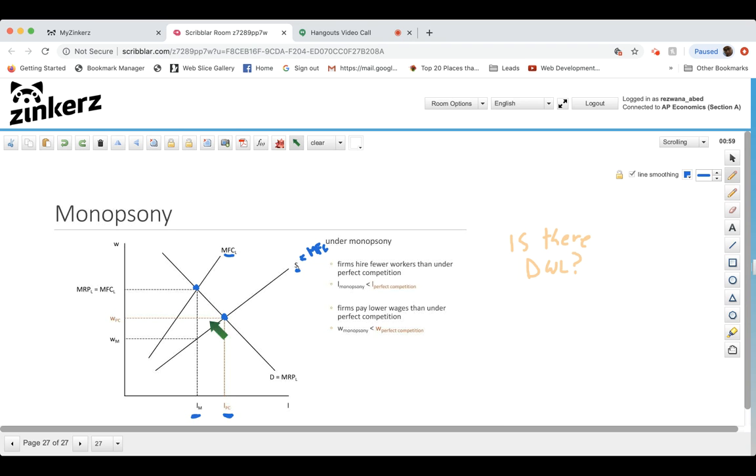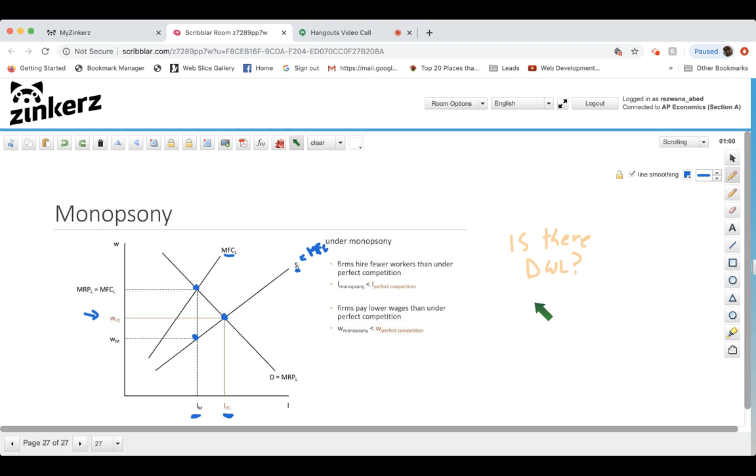So they're hiring fewer workers than perfectly competitive labor markets, but the wage that they're going to give these workers is not over here. They're going to give them a lower wage rate, where this quantity intersects the supply curve.